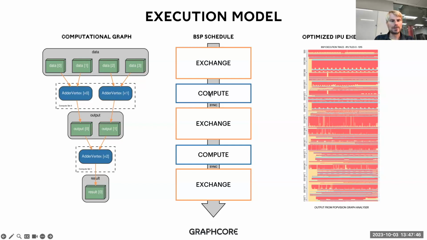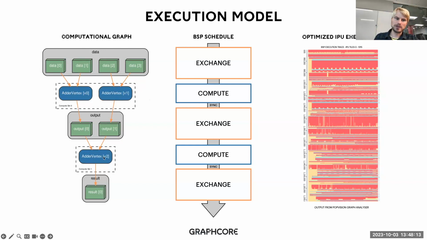And those map really nicely onto a computational graph, as, for example, shown here, where we have some input tensor slices that are used by some compute vertices, some vertices in the computational graph that perform operations, and those vertices would produce some outputs.